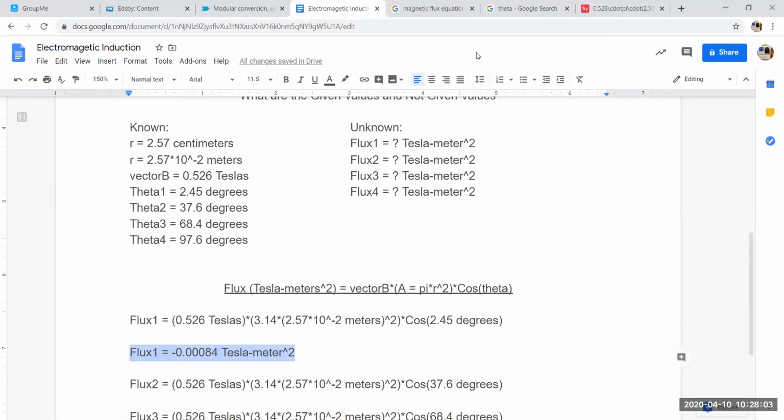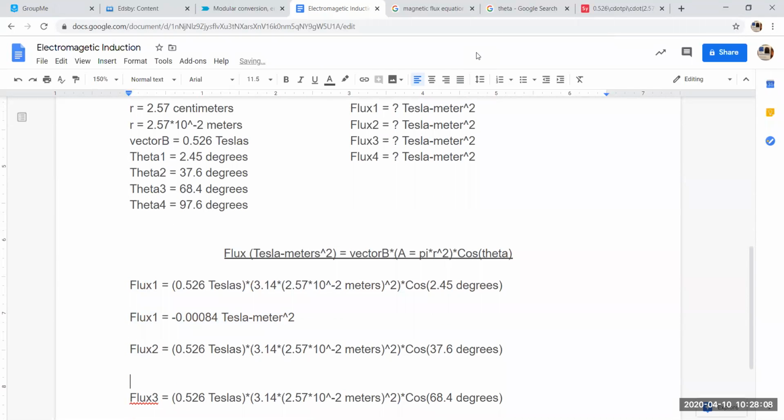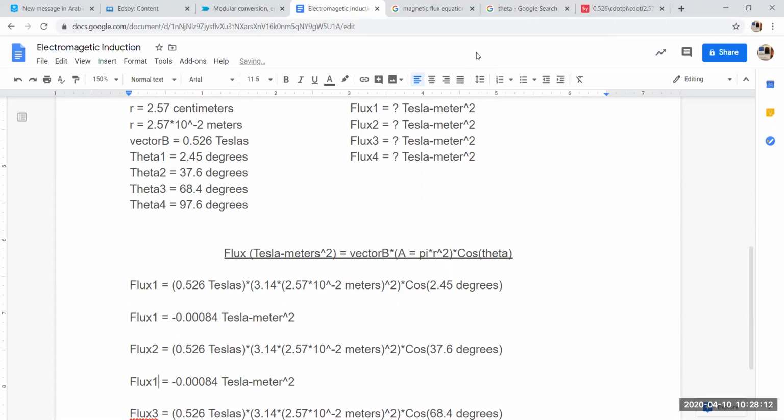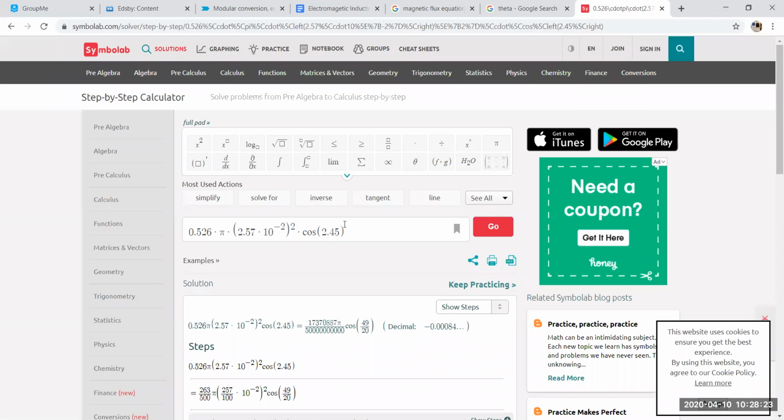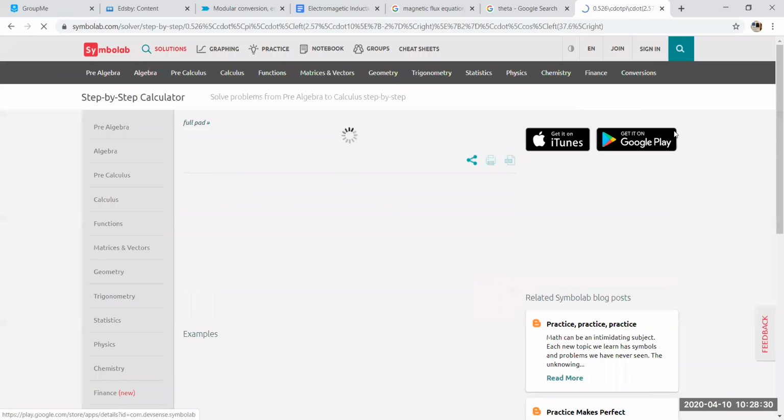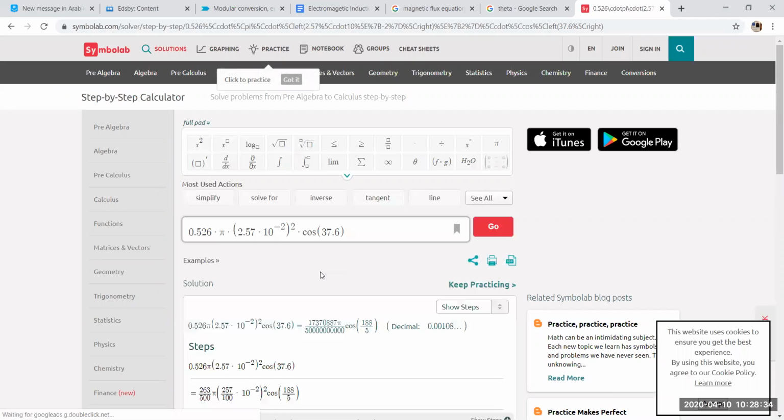I'm just going to take this and redo it for Flux 2. And this is not going to be the same answer. So let's see what we get when we use 37.6 degrees. Can we go back? Yes, we can. I hope you can see from the screen share how seamless this is.